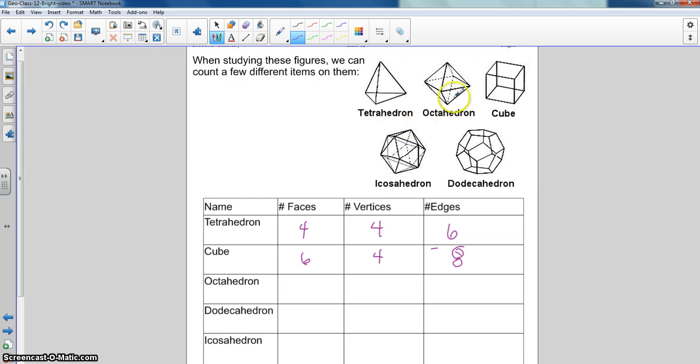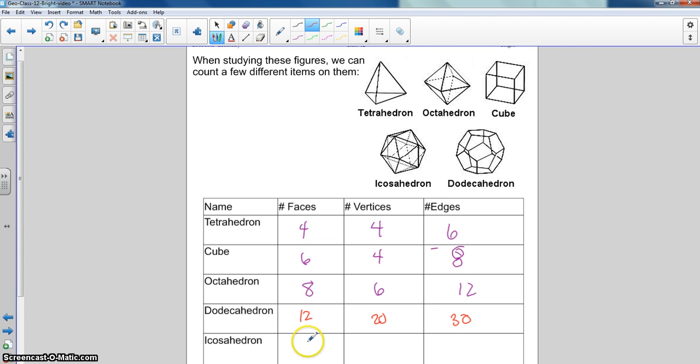Octahedron, we can actually count the faces, there's 8 of them, and vertices, there's 4 in the middle and 1 on top and bottom, so there's 6 of those. And then edges is going to be 12 if you sit and count. And dodecahedron, I'm not going to count these out, but there are 12 faces, which we already knew. Vertices, there's 20, and edges, there's actually 30 of them.